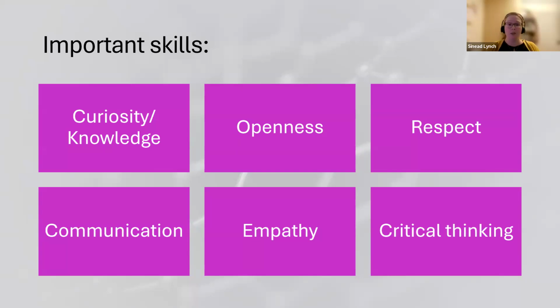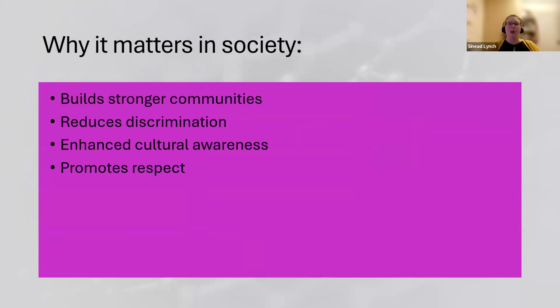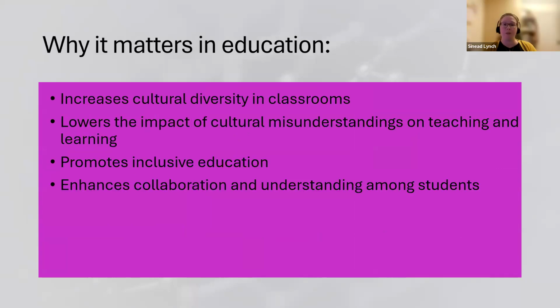So intercultural competence is important in society because it helps build stronger communities, it reduces discrimination, it enhances cultural awareness, and it promotes respect among people from different cultures. It's important in education because it increases cultural diversity in classrooms. It lowers the impact of misunderstandings on teaching and learning, and it promotes inclusive education, and it enhances collaboration and understanding among students.